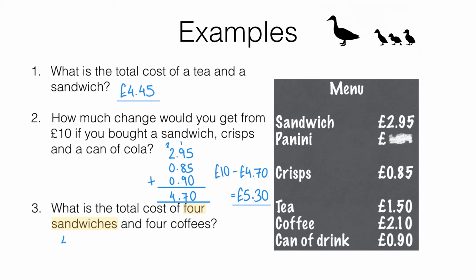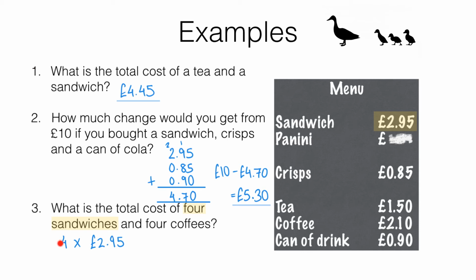So, what is the cost of 4 sandwiches? Well, that is 4 multiplied by £2.95. Notice that that will be just a bit less than 4 lots of £3, because £2.95 is a bit less than £3. Well, how much less? It's 5 pence less, as we spotted when we did question 1.